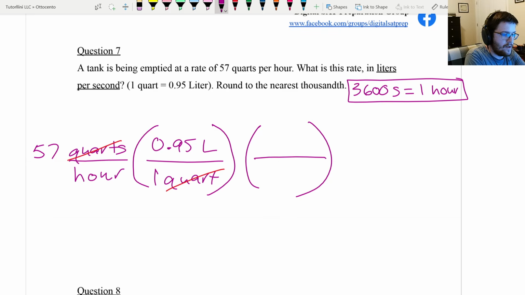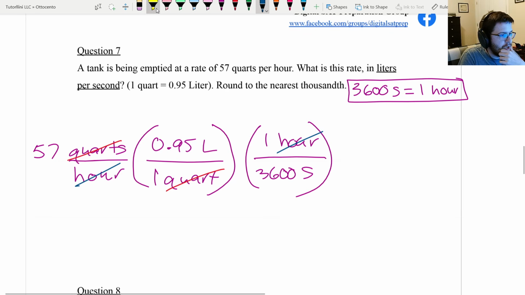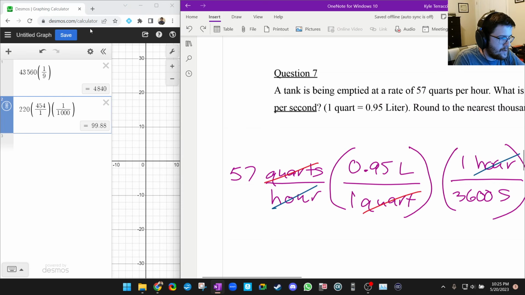So I'm going to put 1 hour on the top and 3,600 seconds on the bottom. Hour is on opposite sides of the division sign, so it does cancel. And we are left with liters per second, which is what we wanted. So that looks really good.